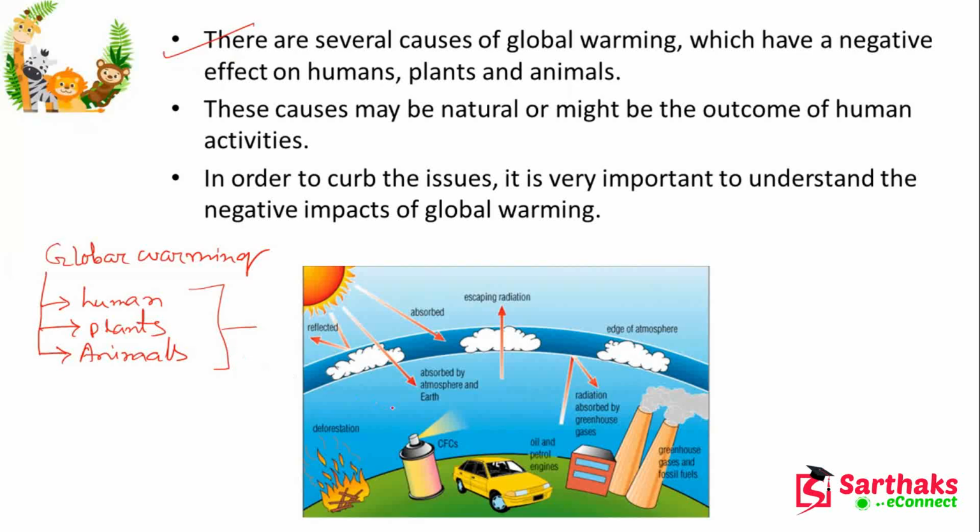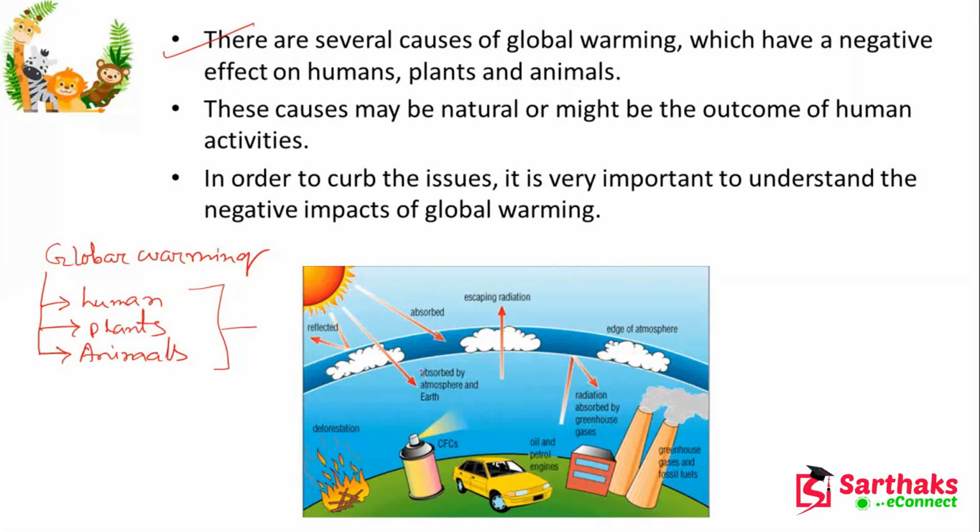Now, here you can see in this picture, this is a vehicle, and these are oil and petrol engines, CFCs, deforestation, industry, greenhouse gases and fossil fuels. And there is a layer here that has been built up, absorbed by the atmosphere and earth.